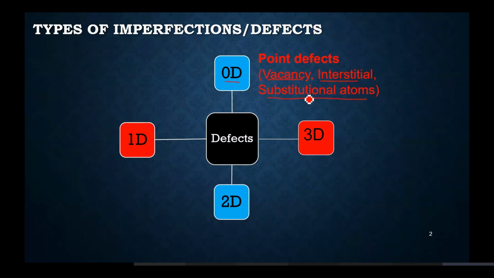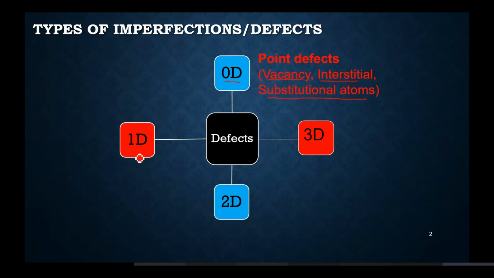So these are the points that we covered in the last slide, and we looked into the formulation to calculate the equilibrium number of vacancies, which is highly dependent upon temperature. And we looked into how we characterize the composition in a solid solution in weight percent and atomic percent. This is what we covered in the last lecture.